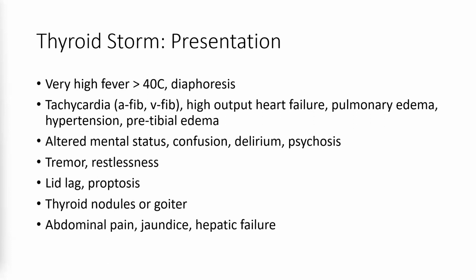Also pulmonary edema, hypertension, and pretibial edema. They can sometimes come in with altered mental status, feeling confused or delirious. They're sometimes psychotic. They can have tremor or restlessness, lid lag or proptosis. You can sometimes feel a thyroid nodule or goiter on their throat right here. And they can sometimes have abdominal pain, jaundice, or hepatic failure as well.